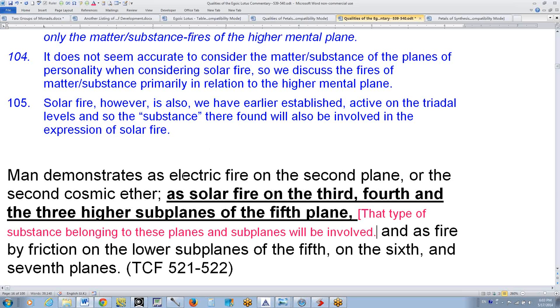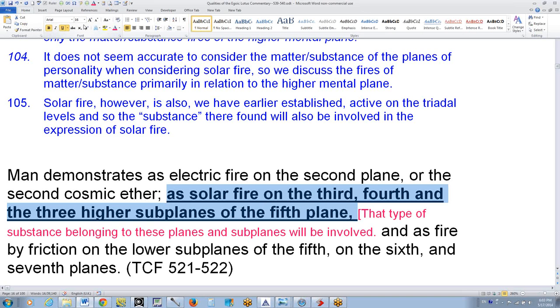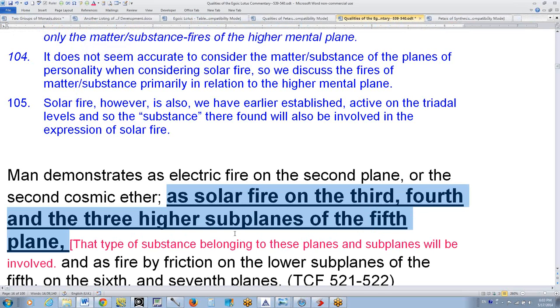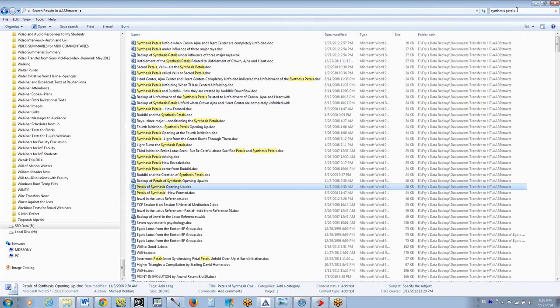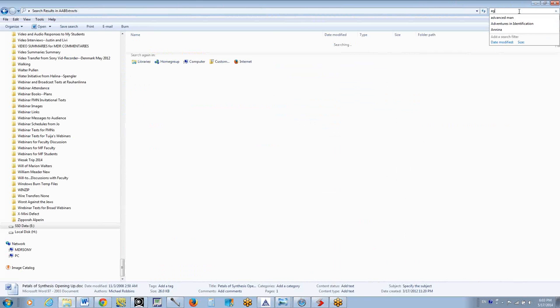But this is really important, isn't it, what the Tibetan brought out here. Demonstrating as solar fire on the third, fourth, and three higher subplanes of the fifth. So solar fire is definitely found in the triad, and not only upon the higher mental plane. And there is a place, if I can find it, I'm always hunting for these things, but let's just say Agni.